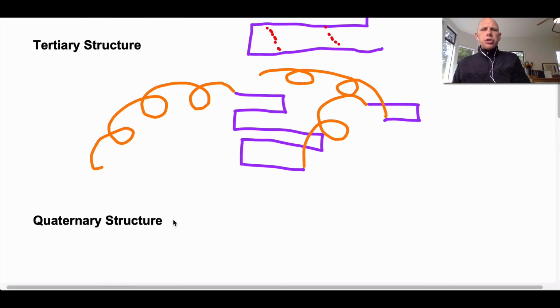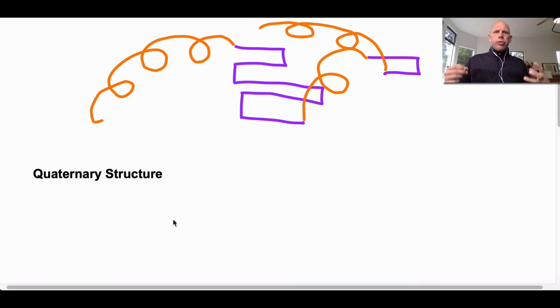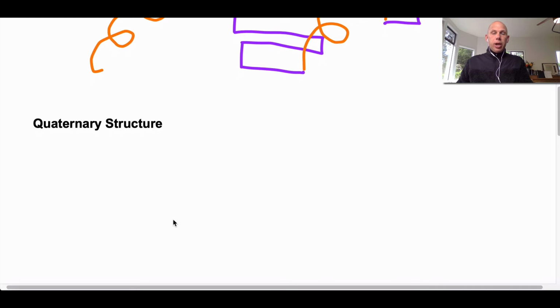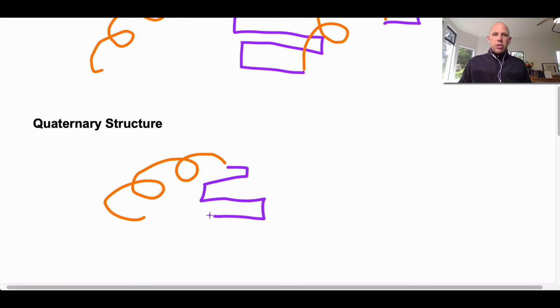And now the quaternary structure is what happens when multiple folded regions of a protein come together. Okay, so you might have a gene, and that gene might code for a protein, but that protein might have two different tertiary structures to it. So there might be two regions. So perhaps one region of the protein is an alpha helix with a beta sheet, okay?